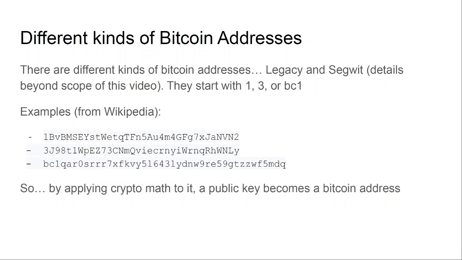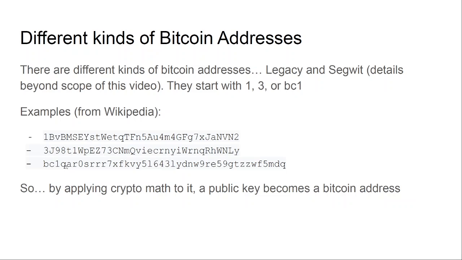So once you have this private key and then you have the public key based on the private key, the next step is to get this Bitcoin address. Just so you're familiar, you've probably seen one of these before, but it's confusing for new people sometimes because they'll see a Bitcoin address that sometimes starts with 1, sometimes with 3, and other times with BC1.